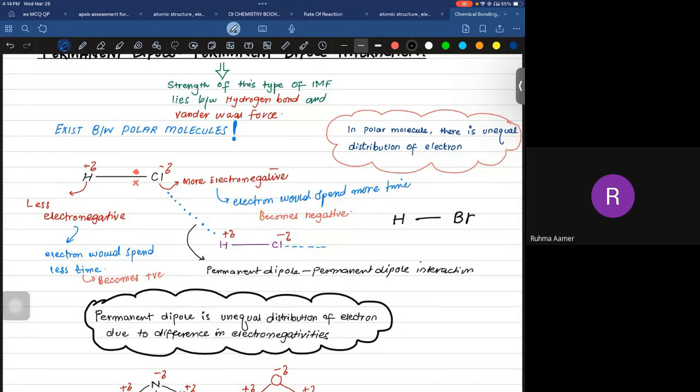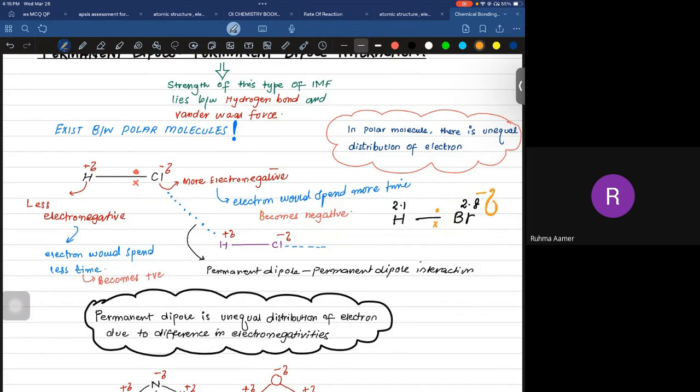Electronegativity values are given: this is 2.1 and this is around 2.8. As you know, bromine is more electronegative, so bromine would be attracting the electrons of hydrogen as well. Due to the difference in these electronegativities, bromine becomes partial negative, due to the higher electronegativity.